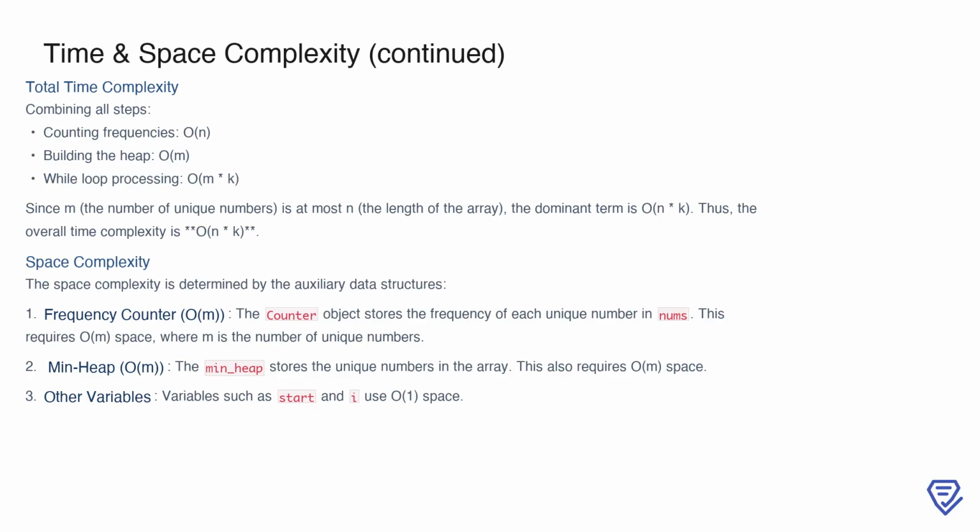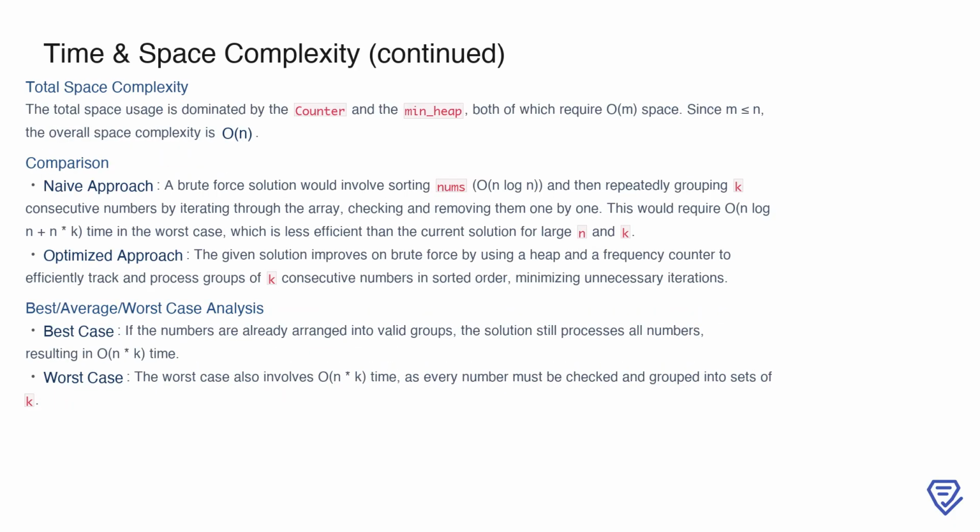Therefore, the overall space complexity is determined by the counter and the heap, which together amount to O(m). Since m is at most n, the space complexity simplifies to O(n). The total space complexity of our solution is dominated by the Counter object and the min-heap, both of which require O(m) space. Since m is at most n, the overall space complexity becomes O(n).